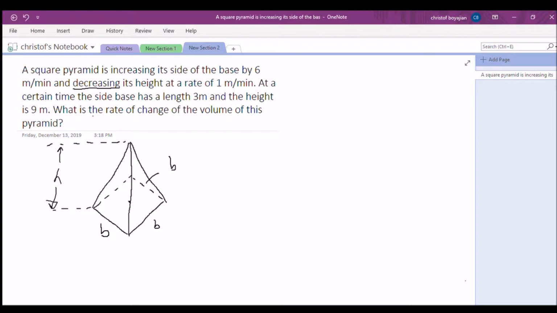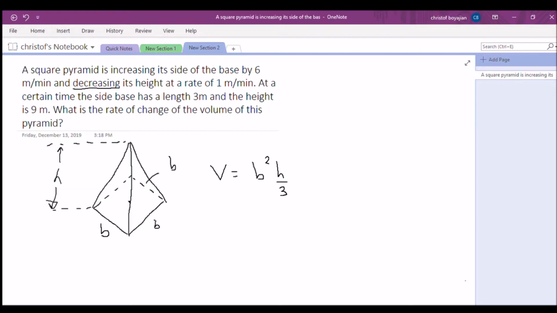So now we have to recall what is the volume of this square pyramid? All right, let's recall the volume of the square pyramid. I'm going to write this as V. The volume of the square pyramid is just the area of our square, so it's b squared, because that's the area of a square, times h over 3.